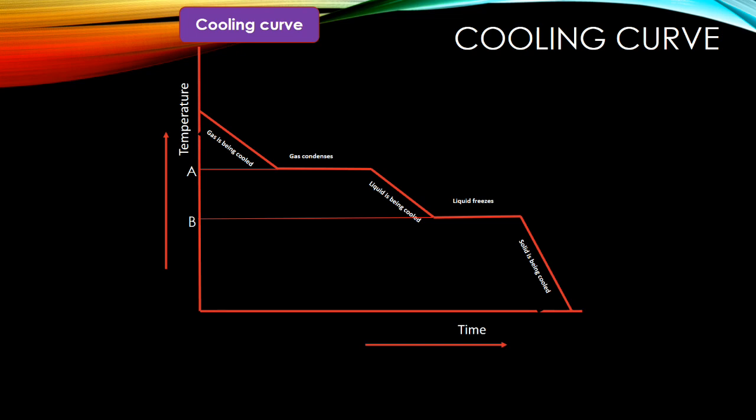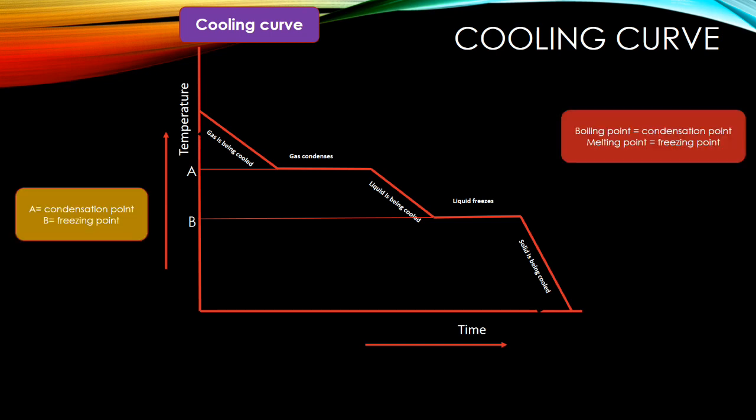At this point, the temperature will no longer change until the gas completely condenses to the liquid state. Then the temperature of the liquid will begin to decrease once again until it gets to point B, where the liquid begins to freeze. After the liquid is frozen, the temperature of the solid will begin to decrease once again.